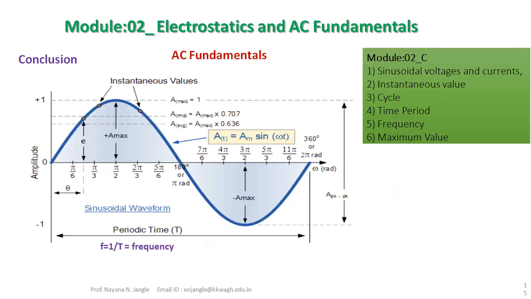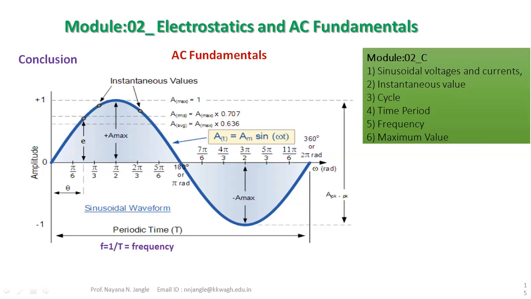These are the basic definitions related to AC fundamentals. We have seen the definition of one cycle, that is each set of changes undergone by an alternating quantity. The time required to complete one cycle is known as the time period or periodic time, T. The magnitude of an alternating quantity at any instant is called the instantaneous value.